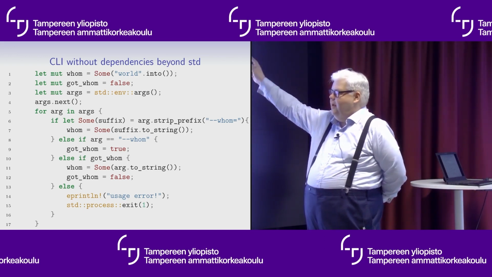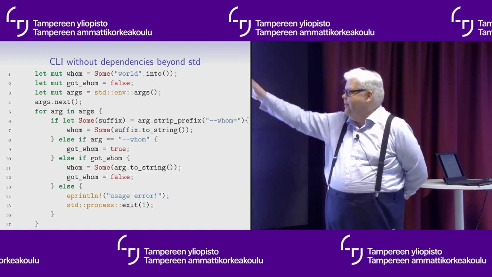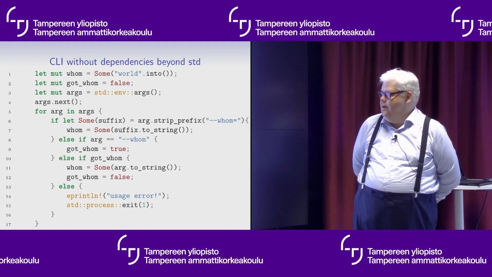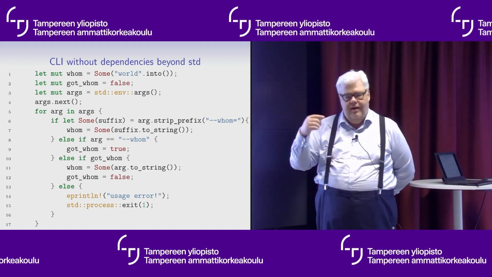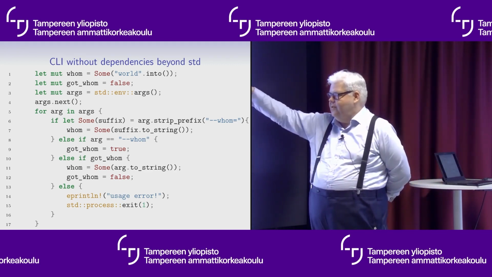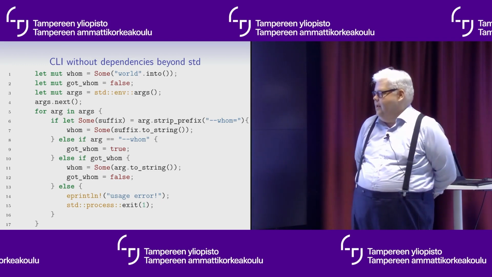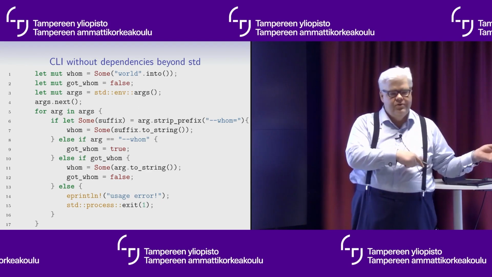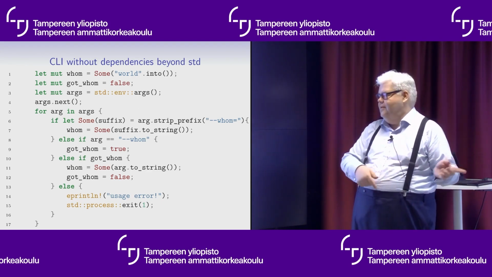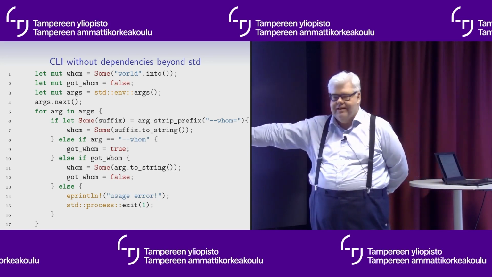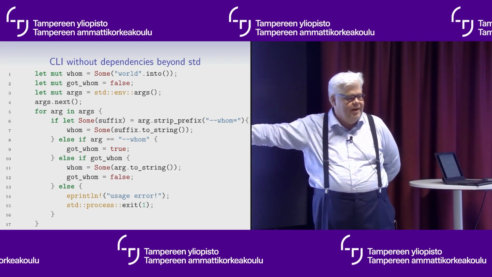And if so, you take the rest of everything after the equals and store it in whom. Or it might be without an equals, and then you just set the flag that the next argument is whom. Or if the previous argument was --whom without an equals, then this is what we save. And we give an excellent error message if it's something else.